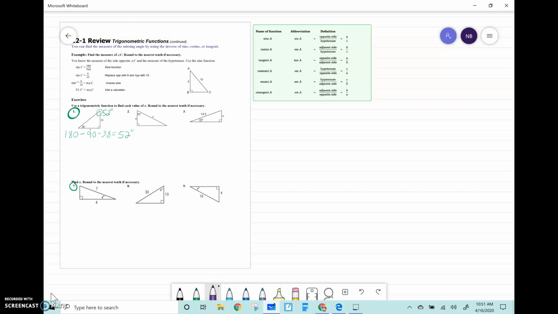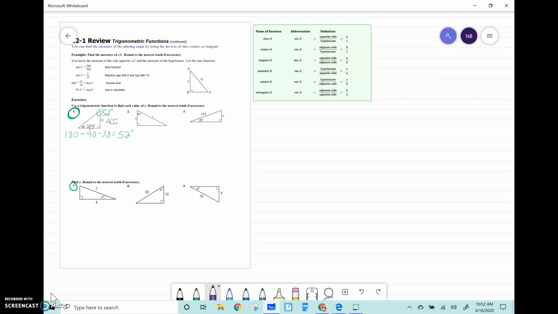And because 38 degrees has a missing hypotenuse and is missing the adjacent side, we're going to target the 52 degrees. So if I target 52, we can say here that 10 is adjacent to 52 degrees. And because x is across from 52, that's going to become our opposite side.